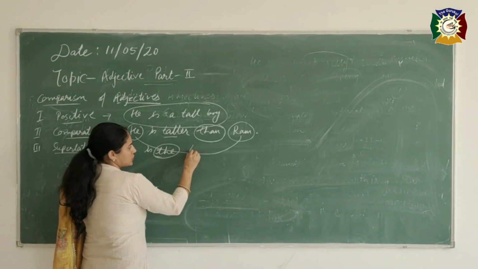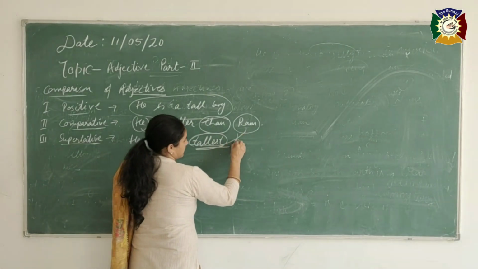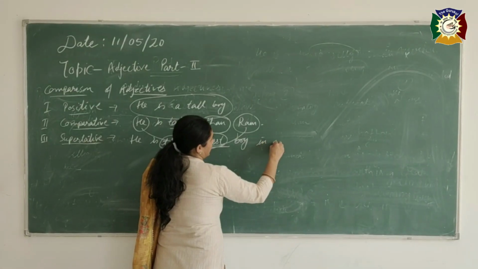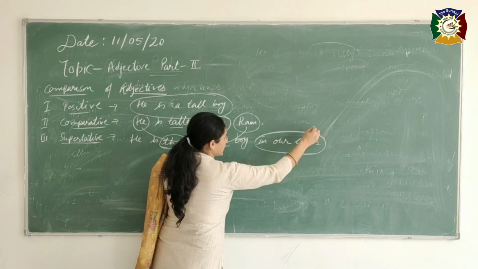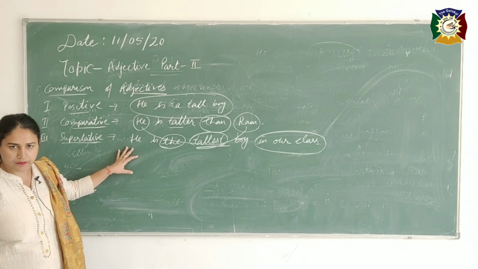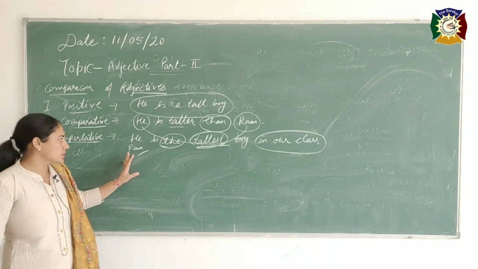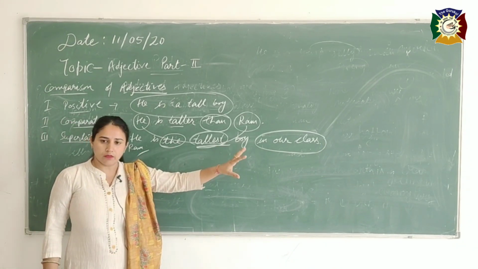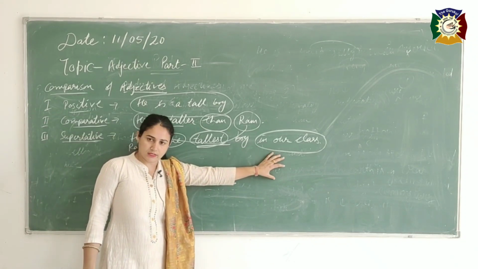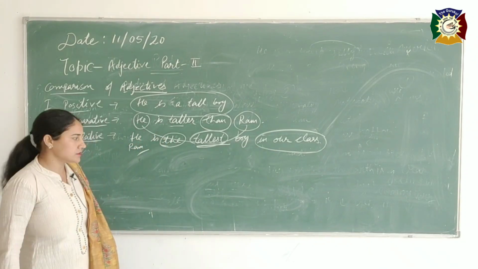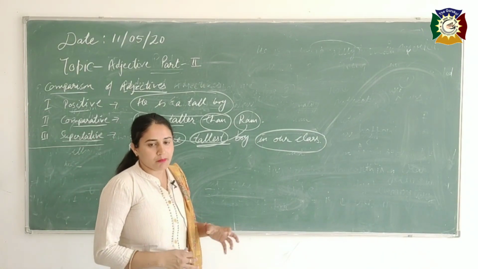He is the tallest boy in our class. Suppose in our class there are 30 students and we are comparing. He may be Ram, Sham, Mohan, Geeta. Ram is the tallest boy in our class, the tallest from the whole class. Okay, dear student?